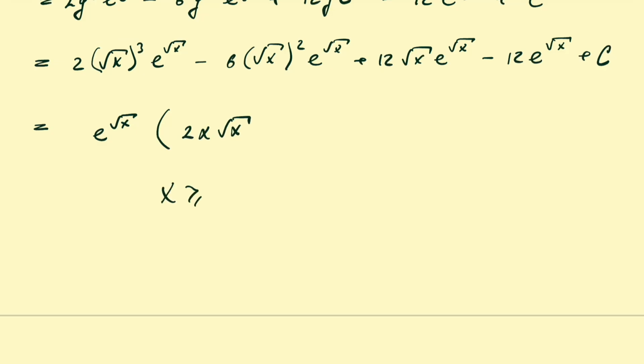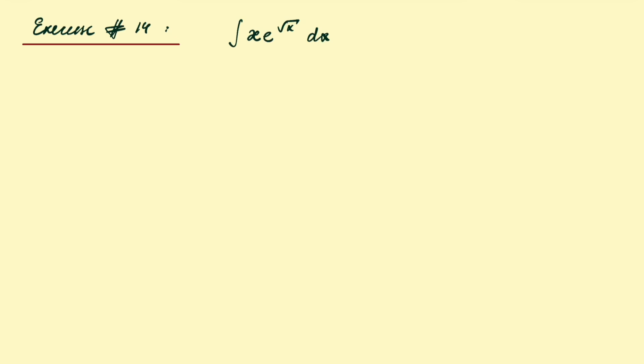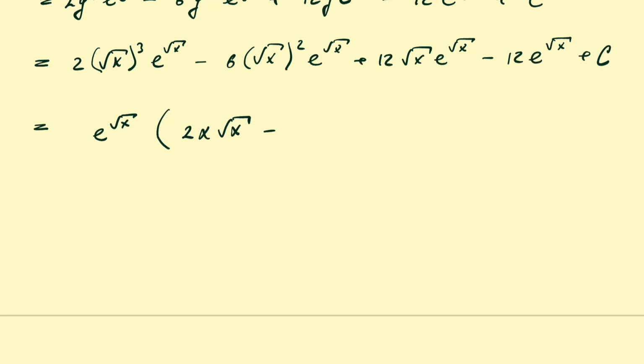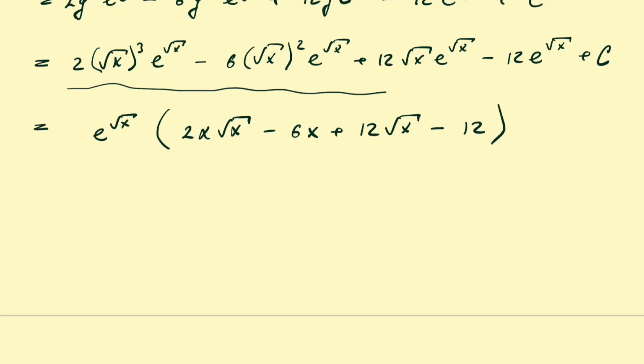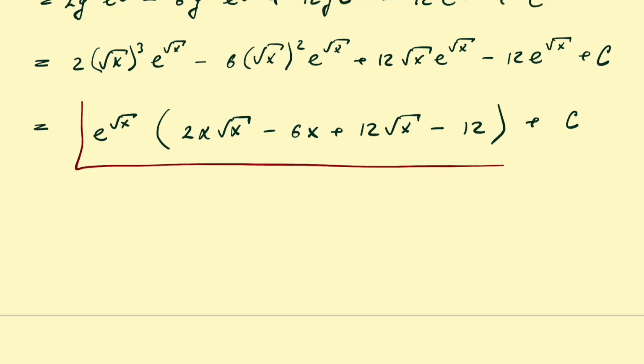It's because x is bigger than or equal to 0, so we can just write this. Alright, minus 6 times just x plus 12 times square root of x minus 12. Right, let's quickly check if we did everything right. Yes, we did, and plus some constant c. Okay, this is our finalized answer.